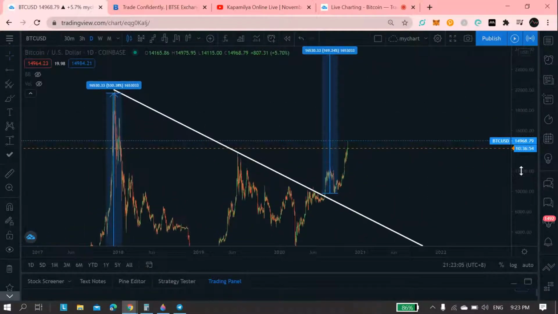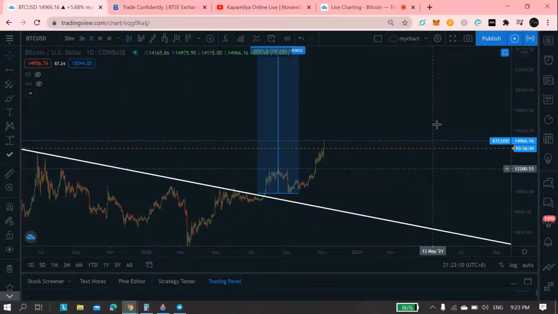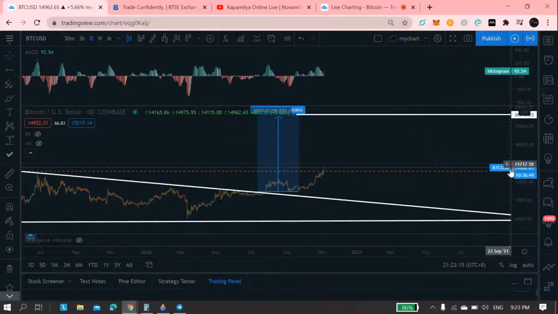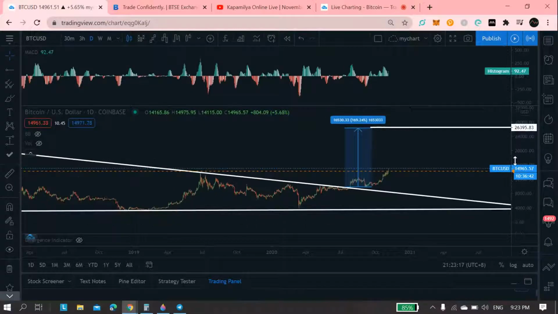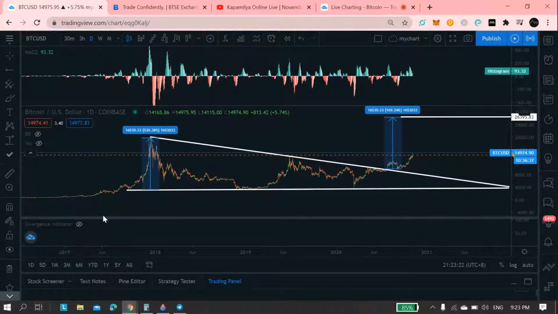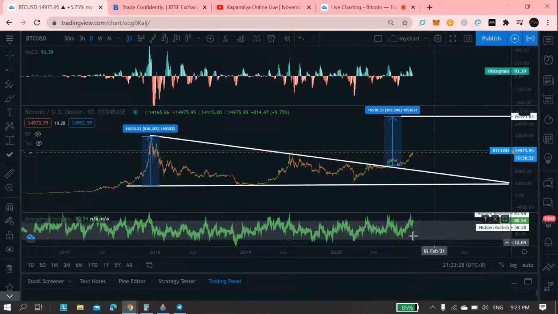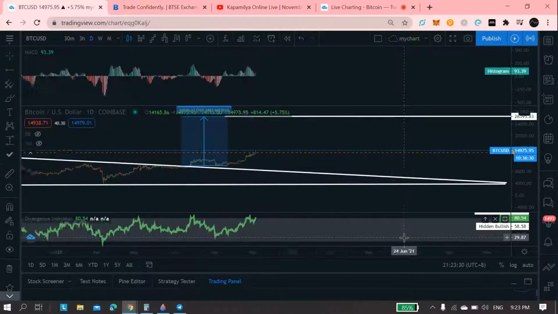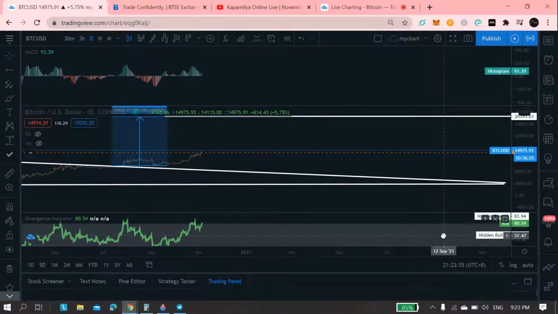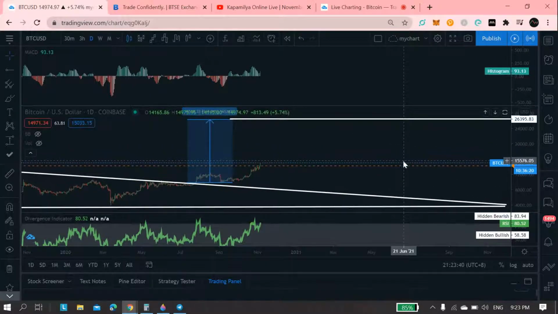For the short-term trend or short-term transaction, we will use the other indicators.